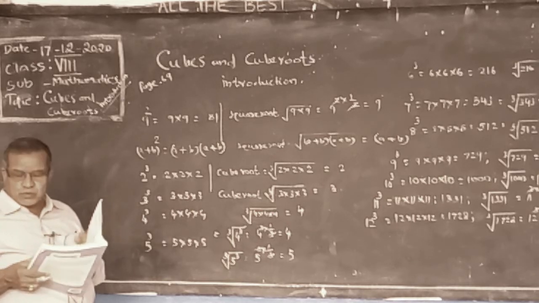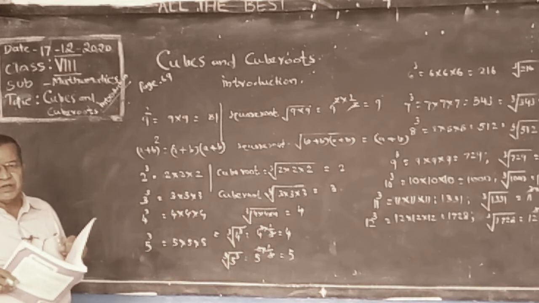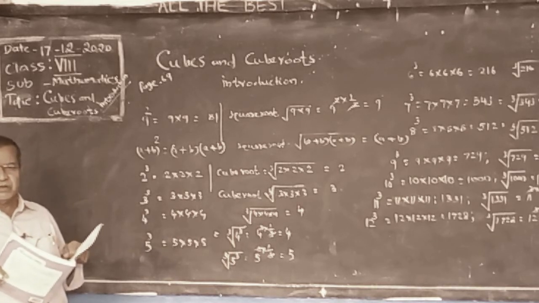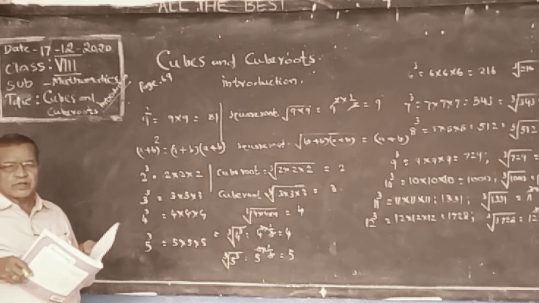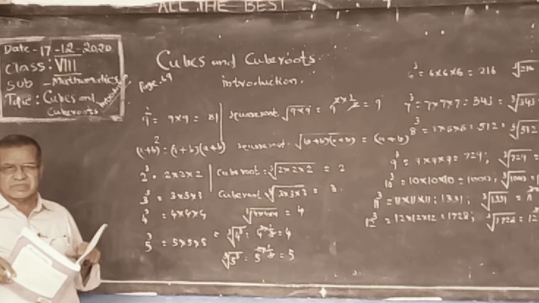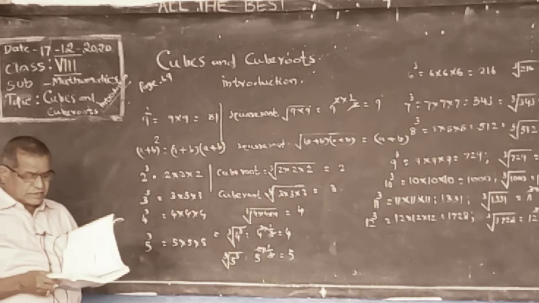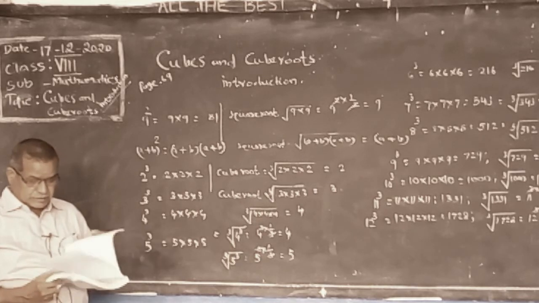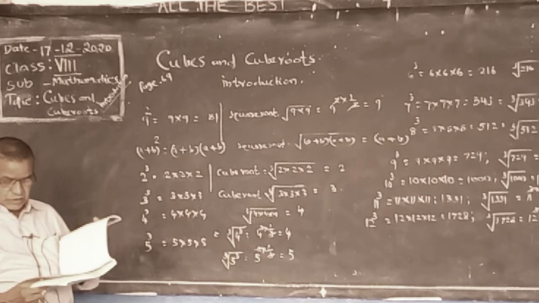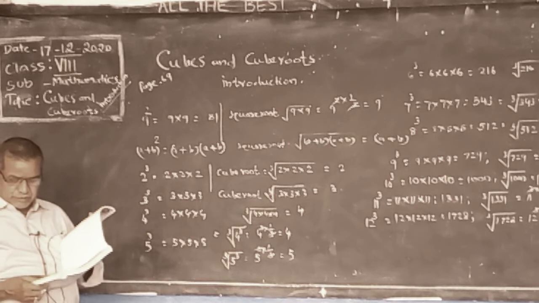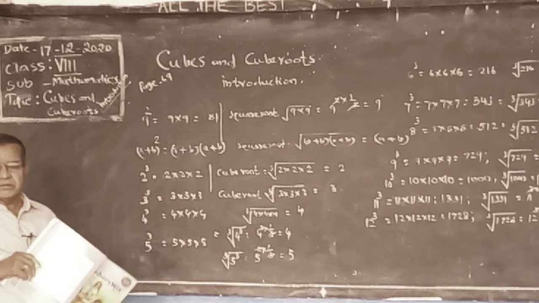What is 12 cube? Immediately you have to say 1728. What is 11 cube? 1331. What is 15 cube? 3375. Like that you have to say immediately.